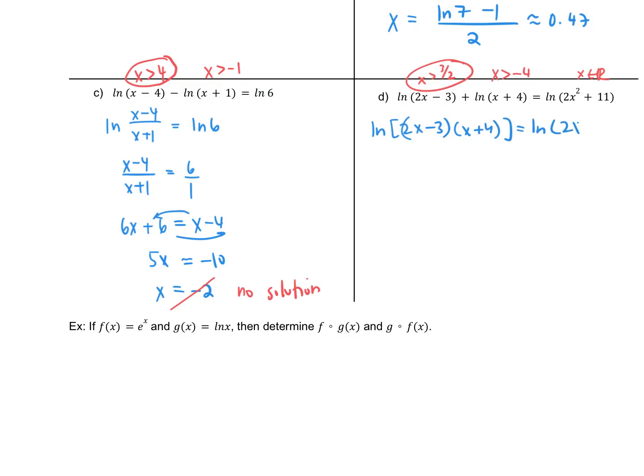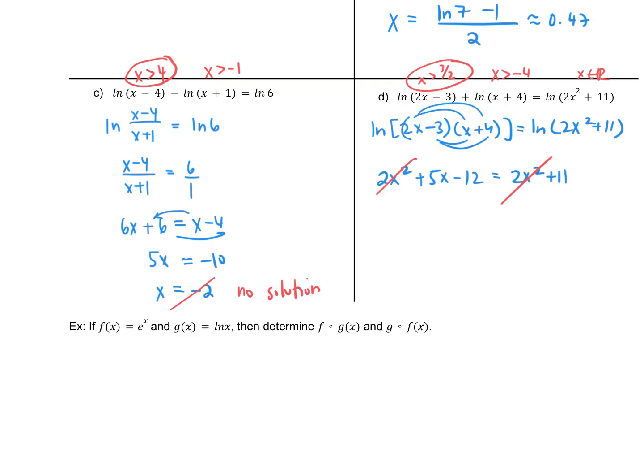And now, once again, I have ln equals ln, so I'm going to set the arguments equal to each other. But while I'm doing that, I'm just going to expand and simplify the argument. So 2x squared plus 8x minus 3x, so that's plus 5x, minus 12 equals 2x squared plus 11.